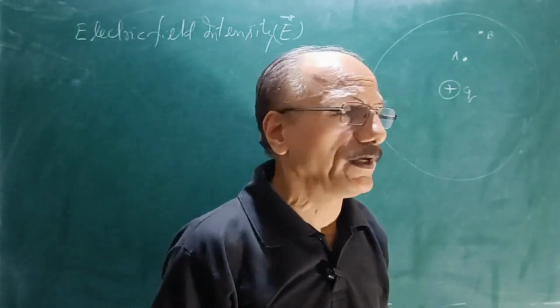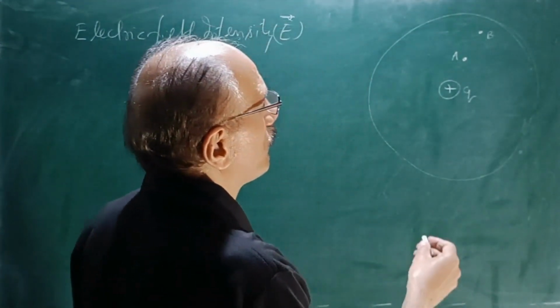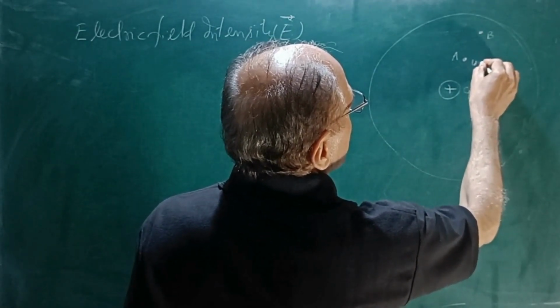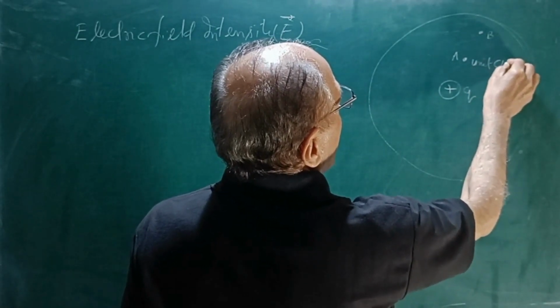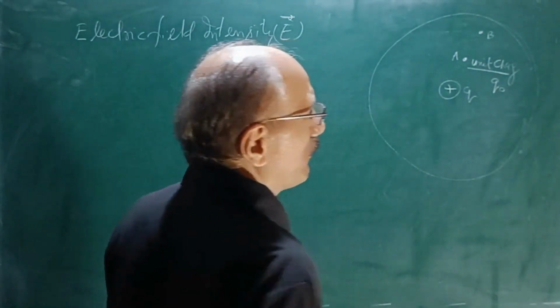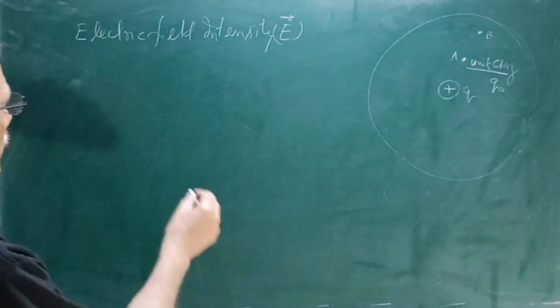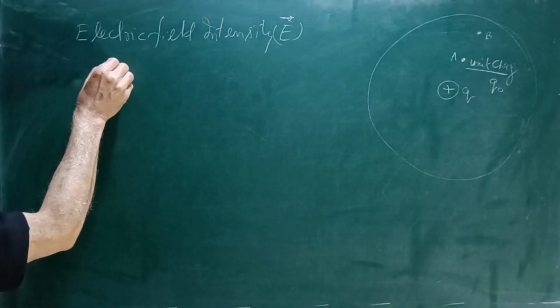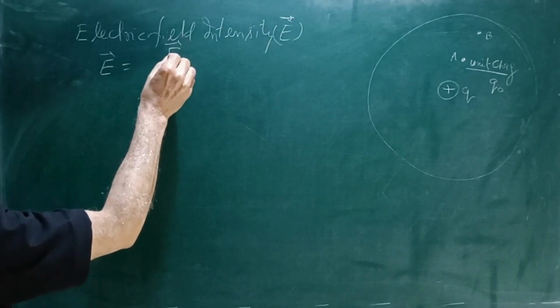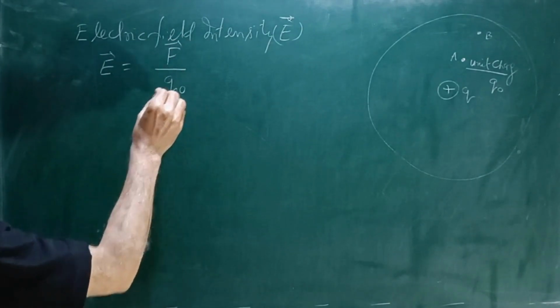Again there will be a problem. So the best thing is to make it unity, that is, unit charge. That unit charge is known as the test charge and we denote it by Q naught. So electric field intensity can be defined as the force per unit test charge.